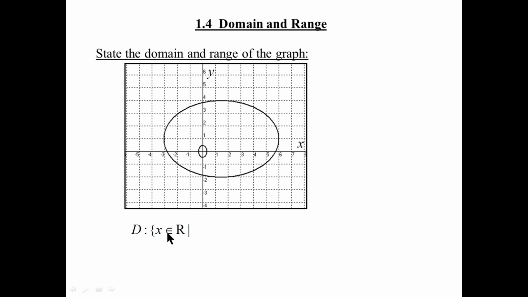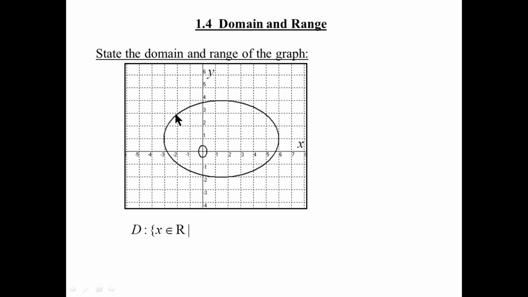Now, we say x is in real numbers because we can see that the possible x values along this ellipse go through all the real numbers. It's not just 1 or 2 or 3, but it's also 2.5, and 2.7, and 2.721, all the decimals, all the real numbers.